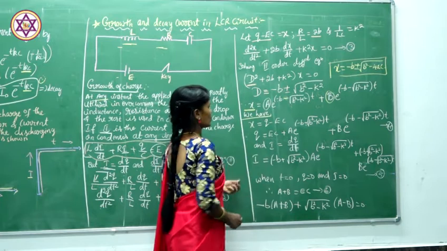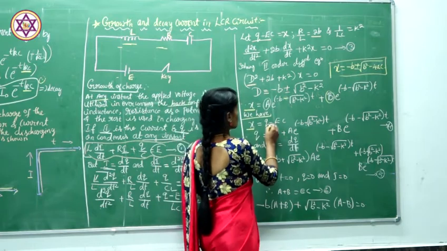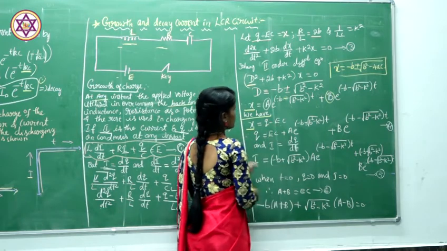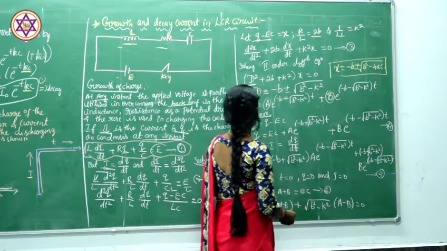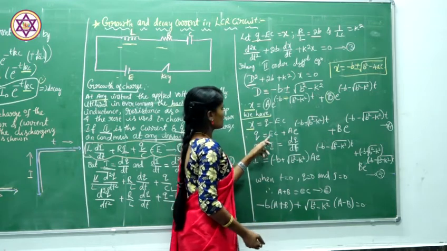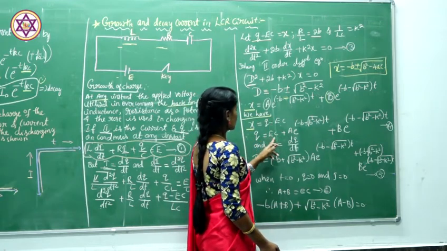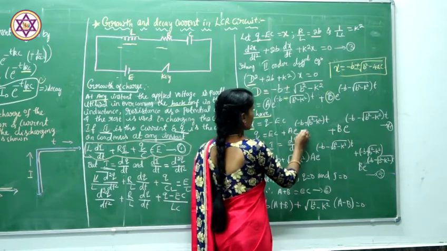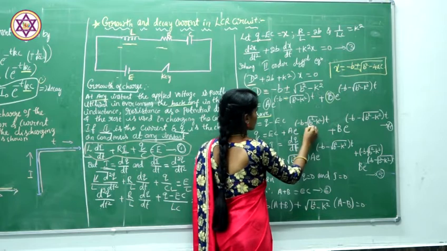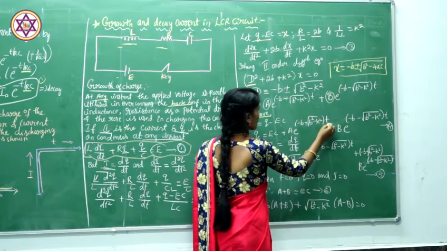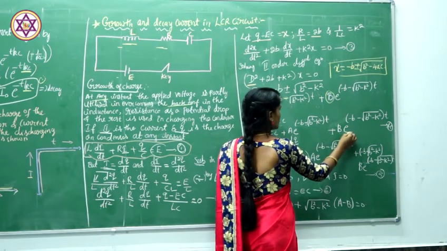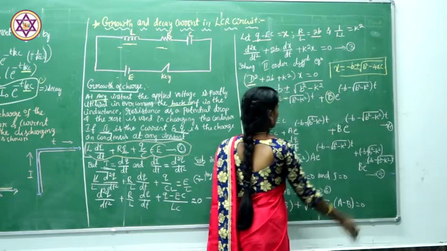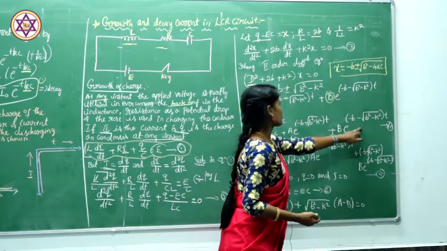So here x is replaced by q minus EC, so we can write q = EC + a·e^((−b − √(b² − k²))t) + b·e^((−b − √(b² − k²))t). This is equation 4.